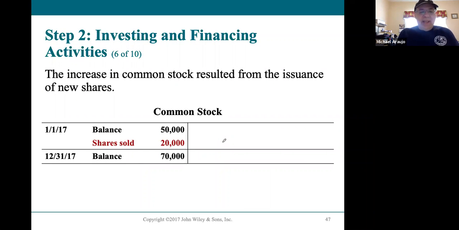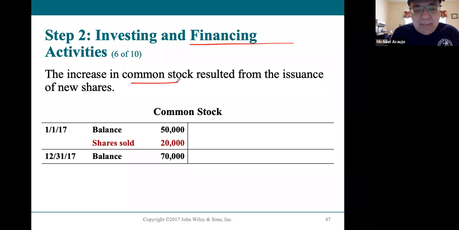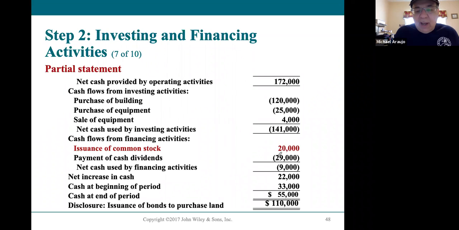The next thing that we had here looks like a financing activity. They increased shares of common stock, right, by $20,000. That $20,000 coming into the company means that it's a positive cash flow. Cash coming in is a positive number. Okay.